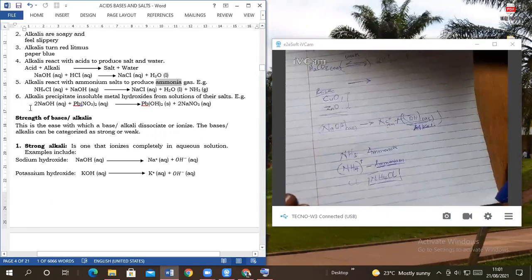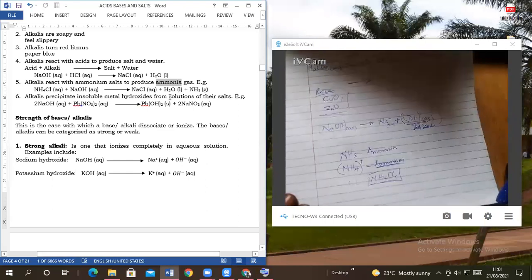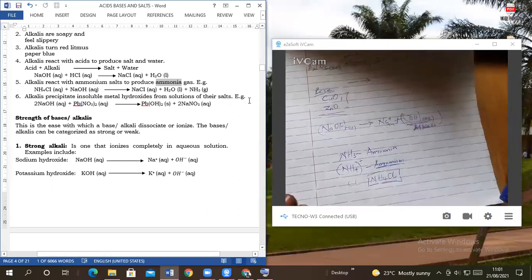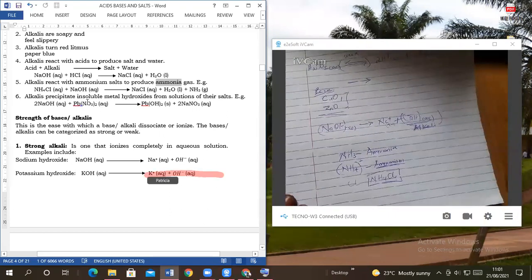So at the end of the day, we shall form this. Alkalis precipitate insoluble metal hydroxides from solutions of their salts. This is what they mean here. When you react an alkali with any solution of lead, let's take the example of lead nitrate.